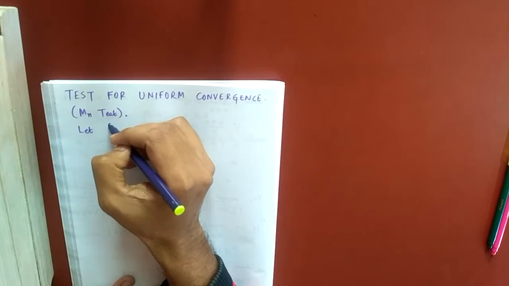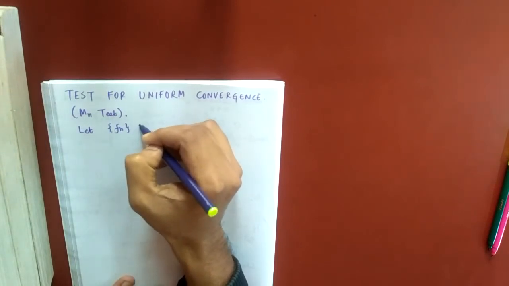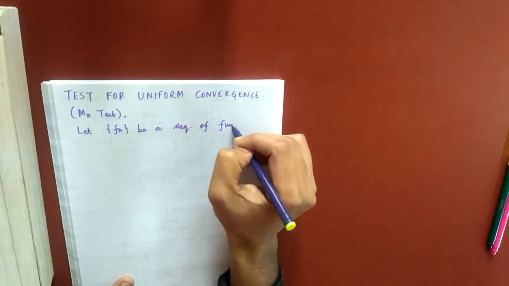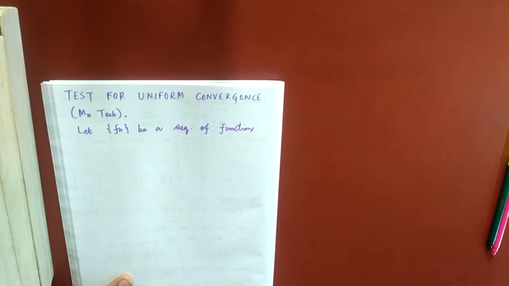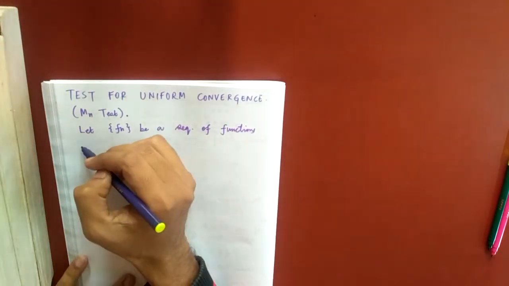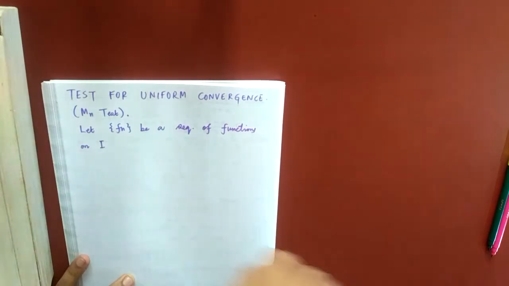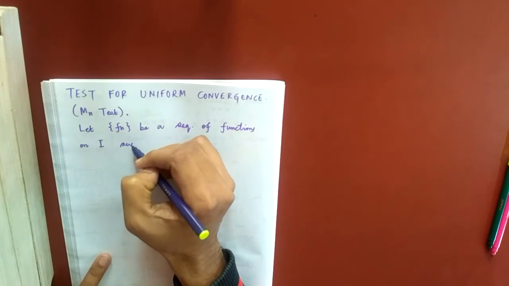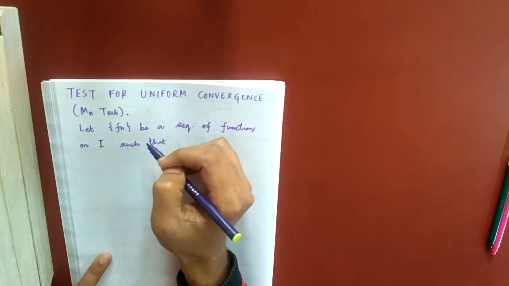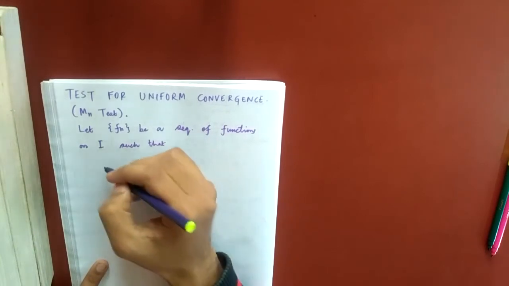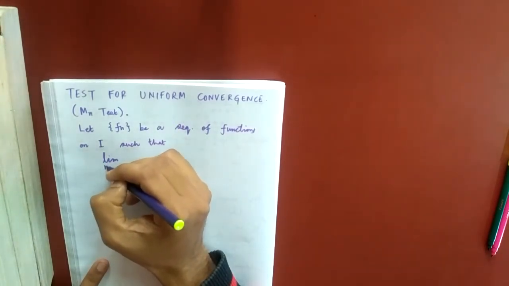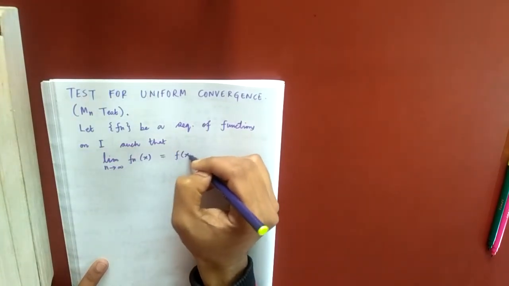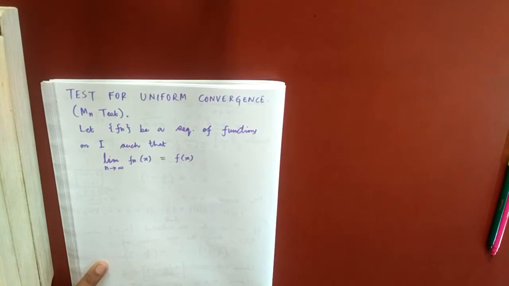Let Fn be a sequence of functions on some interval I, where I have to check the uniform convergence, such that the limit as n tends to infinity of fn(x) is f(x) for all x in I.